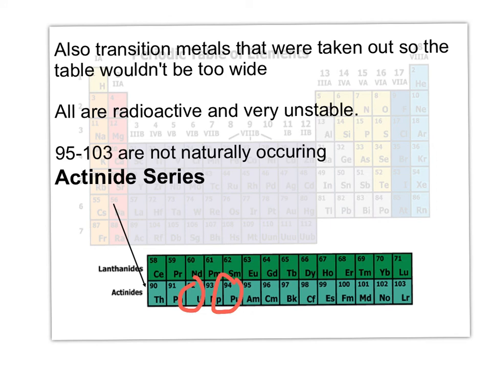Right? Now, here's something interesting about them. Elements 95 to 103, so starting here at americium and going on up, are not naturally occurring elements. They don't happen in nature. They're actually made in nuclear reactors and for research purposes. So, yeah, they really are man-made.